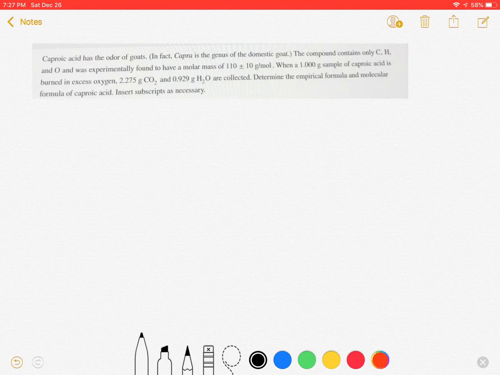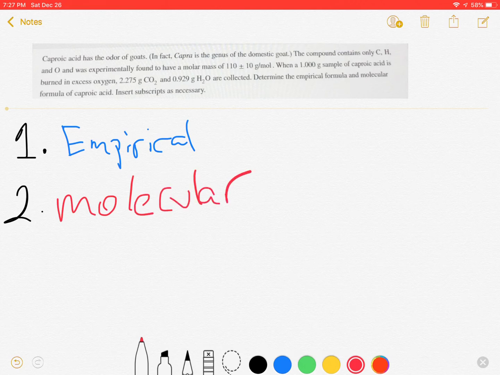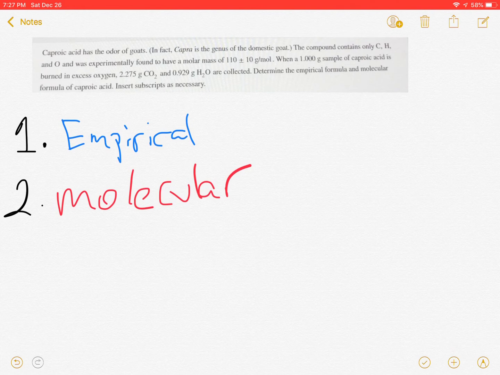Okay, so whenever you have these types of problems, the first step you should always take is to figure out the empirical formula. And then from there, you can use the empirical formula to get the molecular formula. Once we do this problem, you'll see why I take these exact steps.